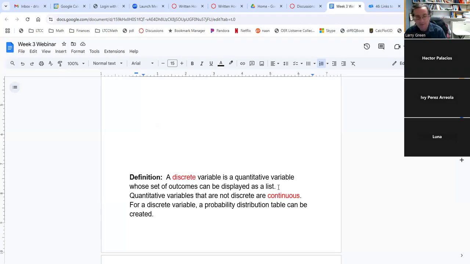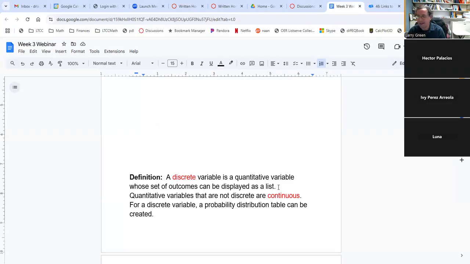There's lots and lots of examples of discrete variables. For example, if the survey question was, how many siblings do you have? You could list all the possible number of siblings someone can have. That's not hard. It's not even that long a list. Or another one might be, how many pairs of shoes do you own?